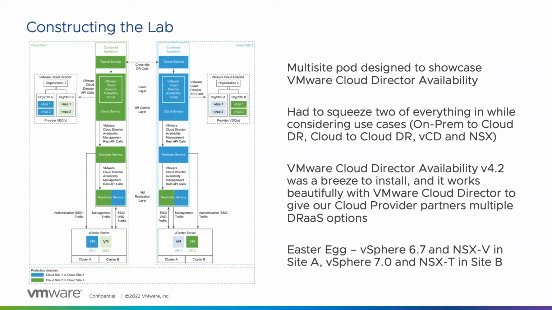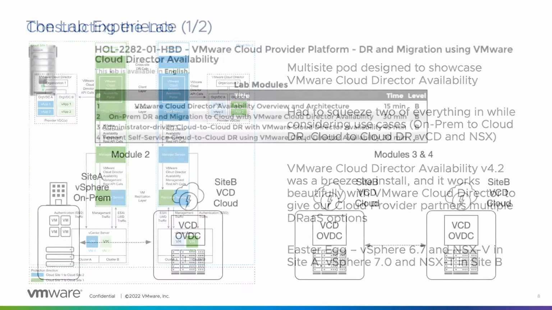So you can see how NSX-V works with VCD, as well as how NSX-T works with VCD, and look at their differences. And if I have time, I might actually write a secondary lab manual, and we can spin up another lab. It'd be like 2282-02, but that probably won't happen until later in the year, if it happens at all. But anyway, that's just something nice to know about the lab.